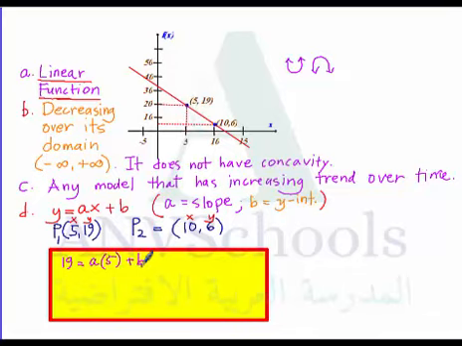And on the second part, we have (10, 6), so we substitute x for 10 and y for 6. So we have 6 = a times 10 plus b.